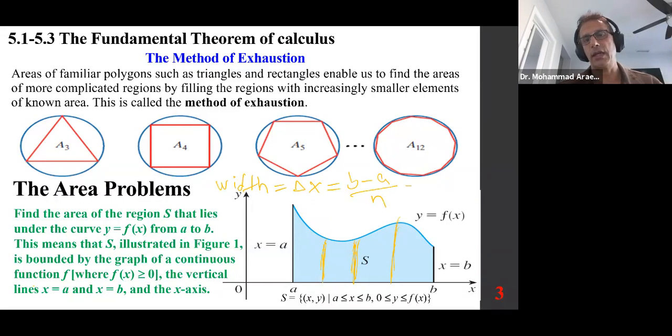In this case, n is 4, class, okay? We cut it into 4, however many. As you can see, it creates 4 subintervals.